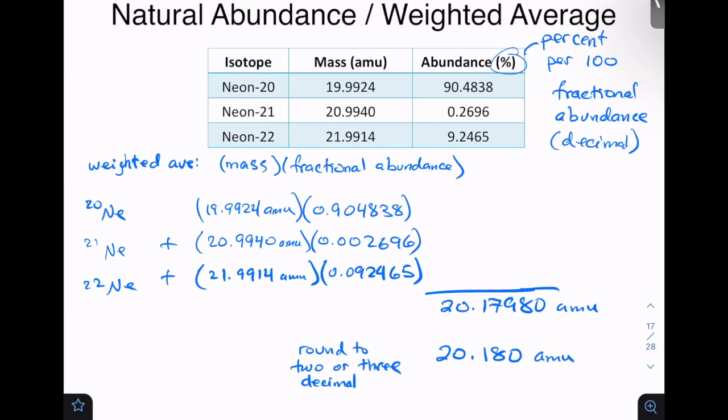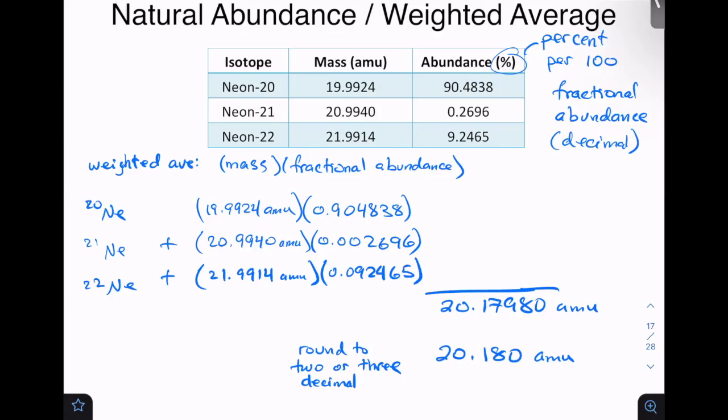And again, it looks complicated, but this is no different from the normal average that I showed you before. If I turned that simple arithmetic into a fractional abundance, instead of 1/2 and 1/2, well, it's not 1/2 anymore. Or if we had 3 things that we were making a normal average of, each would be present at 1/3.